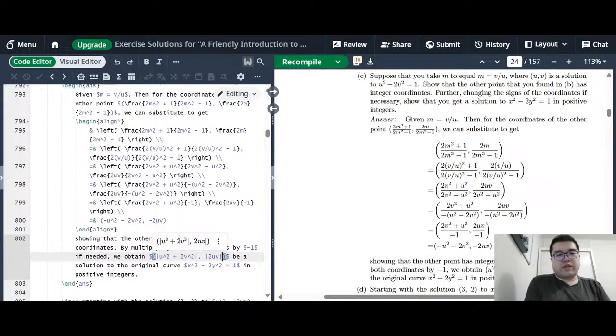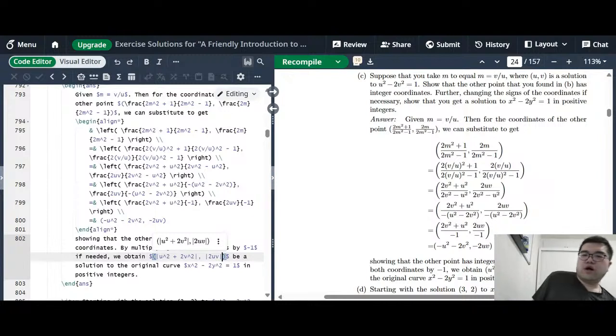It could be initially the negative version. The negative version is positive if we have some setup of v is negative and u is positive. Again, there's no limitation between u and v besides knowing that u and v are solutions to that equation, where of course we're assuming that u and v are just integers.